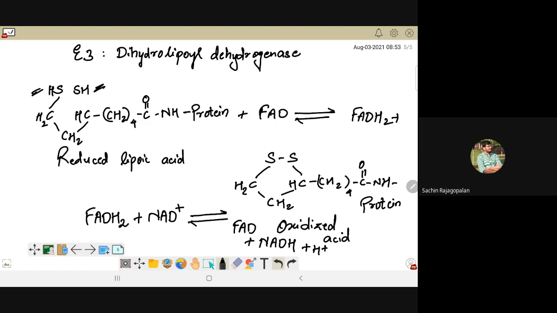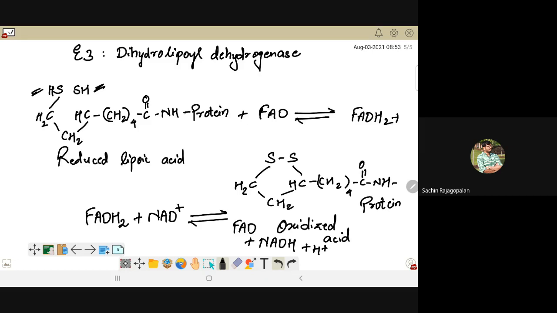Now you should have this question: why is FADH2 losing its hydrogen and giving it to NAD? So this is what you will see when you learn ETC and bioenergetics in this unit, that the cell is trying to maximize the amount of energy that it can get.